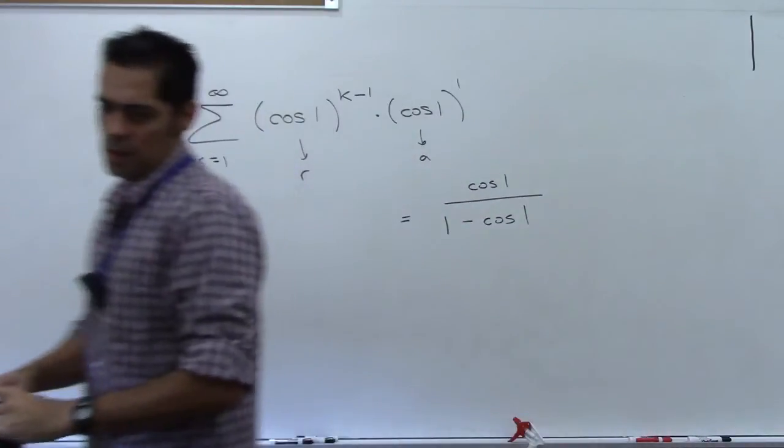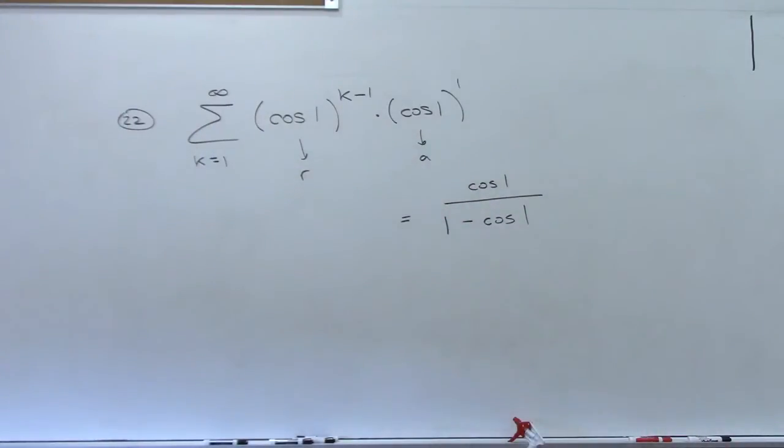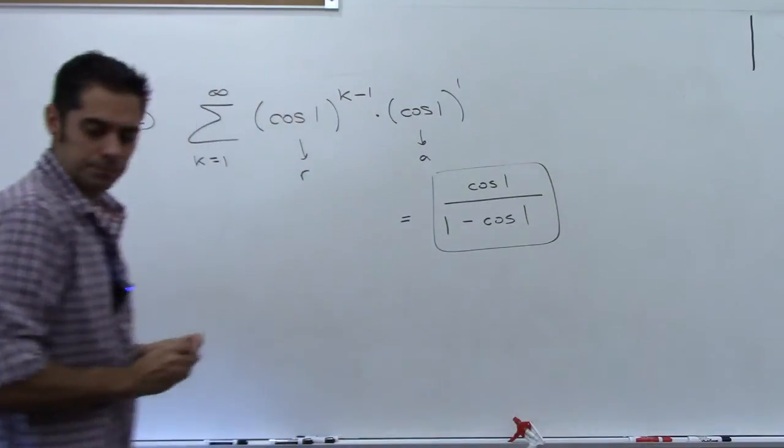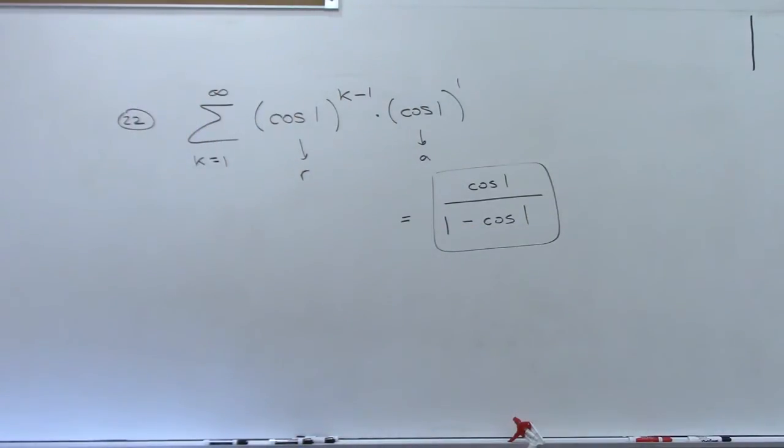And let me see if they want you to write that down a certain way. Yeah, no, that's it. You could get a decimal approximation to that if you want, but that's the exact answer right there. This converges to this. Kind of weird, huh?